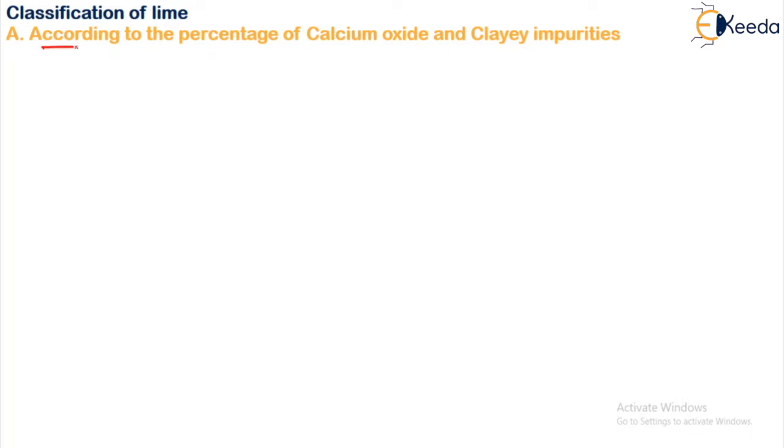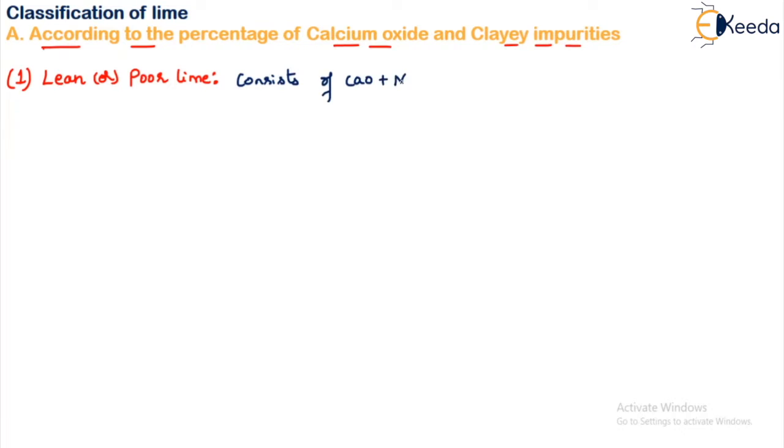As I told you, according to the percentage of calcium oxide or clay impurities, the lime has been divided into three categories. The first category is the lean or poor lime. Now, this generally consists of CaO along with MgO. This quantity will be somewhere around 85%.